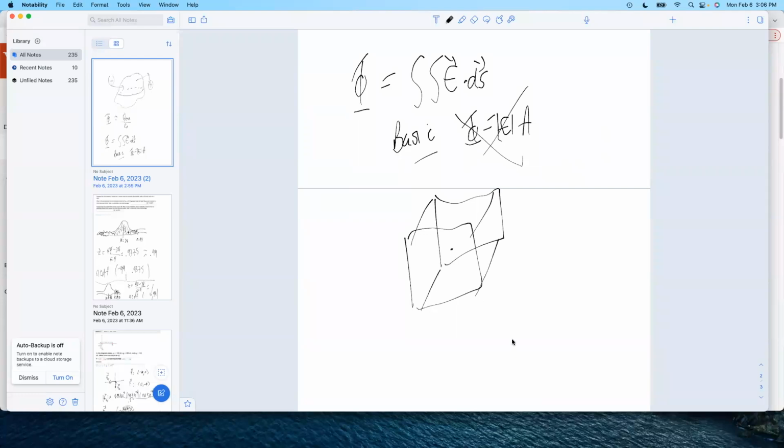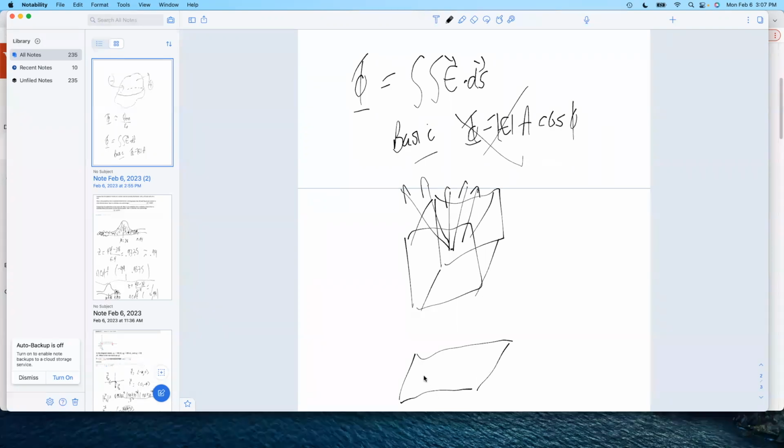I've got some charge sitting here. That puts off an electric field that goes at angles away from the charge. So through that top surface there, that electric field is not just coming perpendicularly through it. Oh, I should put here, even in that most basic case, we do need a cosine of phi here.